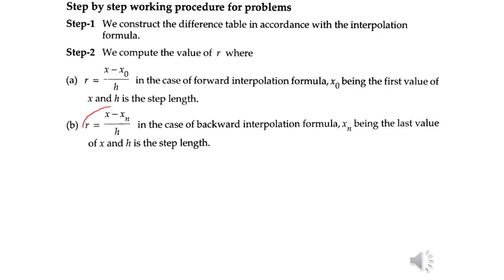This is the formula for r in the case of backward interpolation formula, where xn will be given in the given data and h is the step length, that is the difference between any two consecutive values of x.